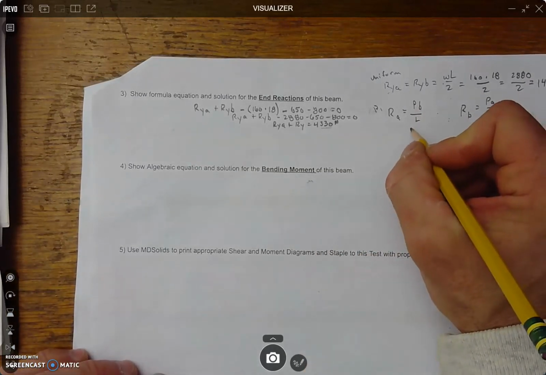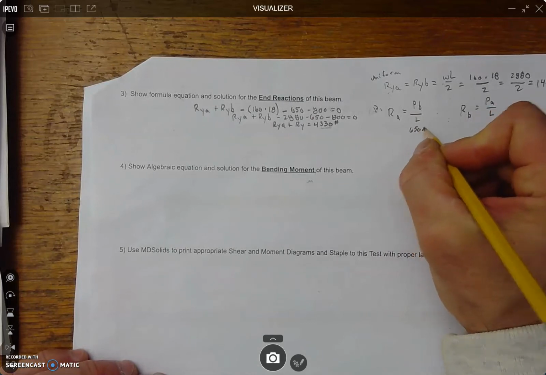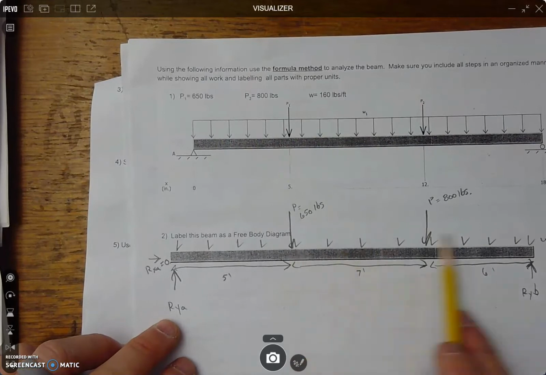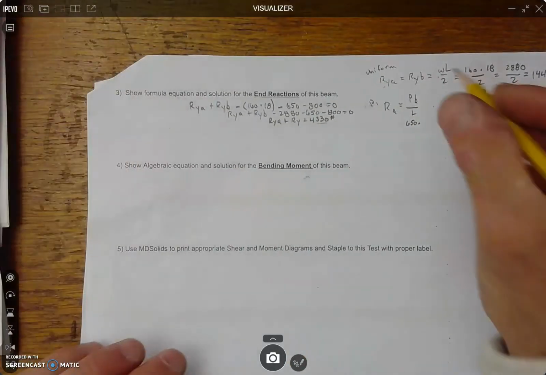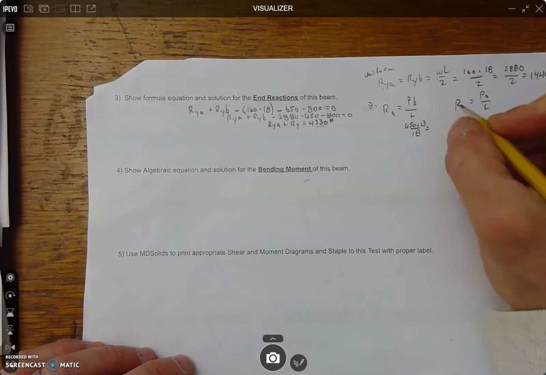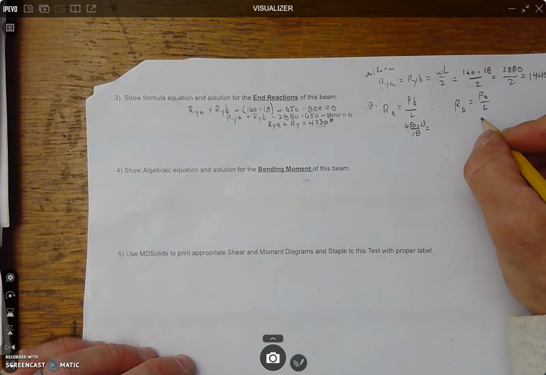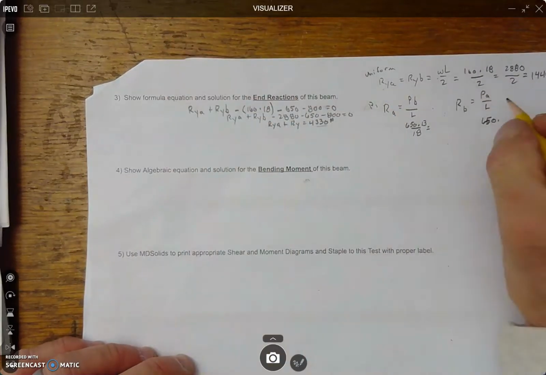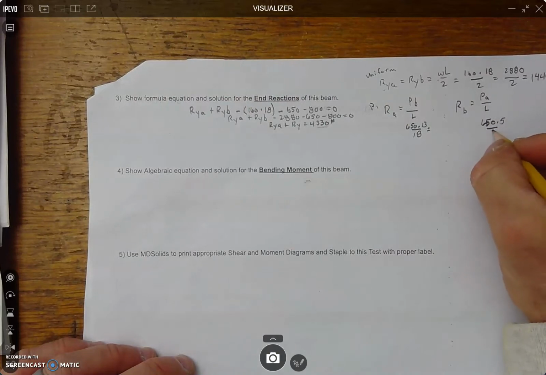So we're going to say 650 times, and B, remember, is this distance right here, this total distance. So 7 plus 6 is 13. So times 13 divided by 18 equals, this is going to be 650 times the other distance, which is 5, divided by 18. And so that's going to be that.